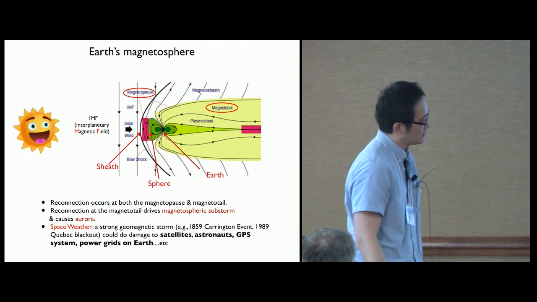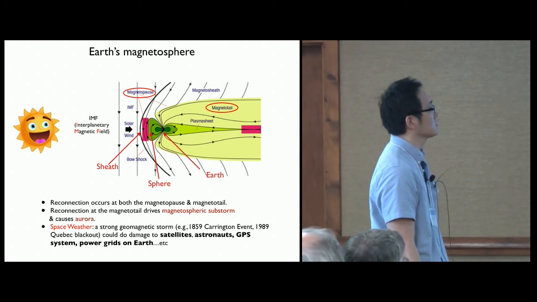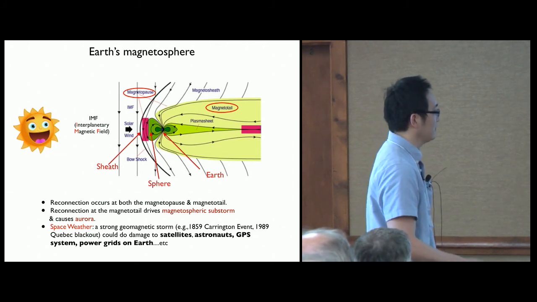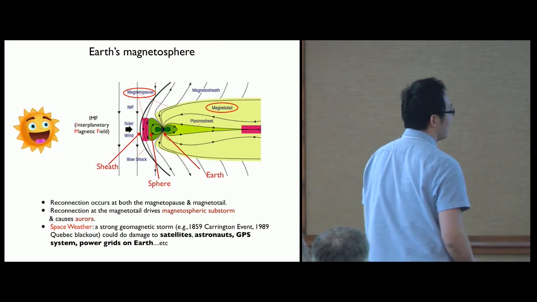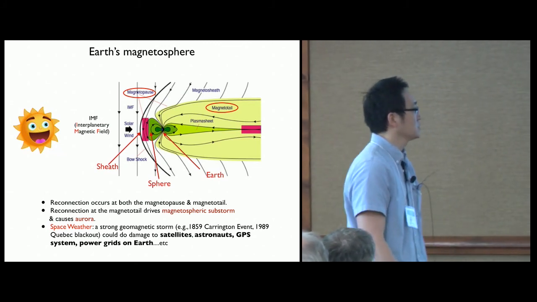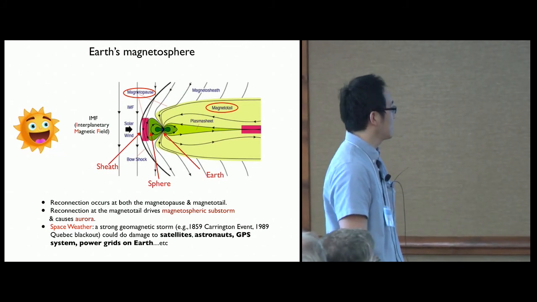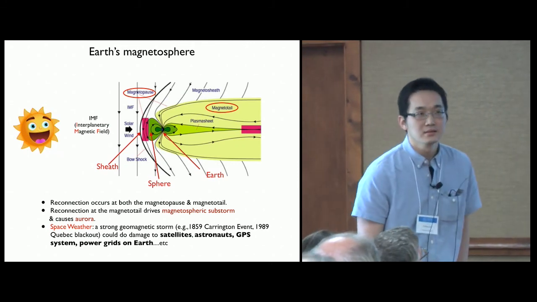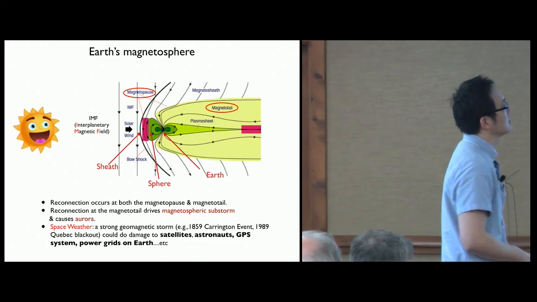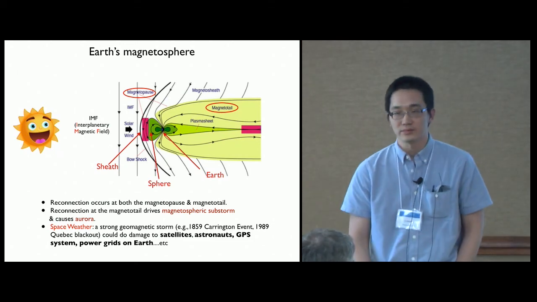And this has implications for space weather, because a strong geomagnetic storm, like the Carrington event in 1859, and then the Quebec blackout, can damage satellites, astronauts, the GPS system, and the power grid on Earth. So it's important to understand reconnection and also this kind of storm.